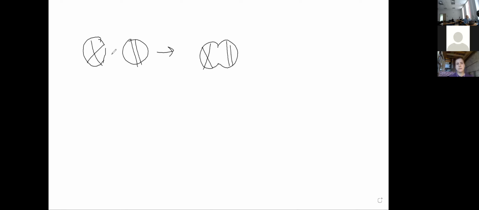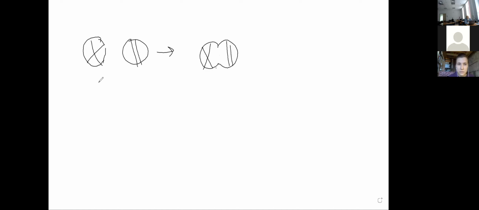We delete a part of the circle. This operation depends on the place where we cut. Well, maybe in this example it doesn't, but it depends.